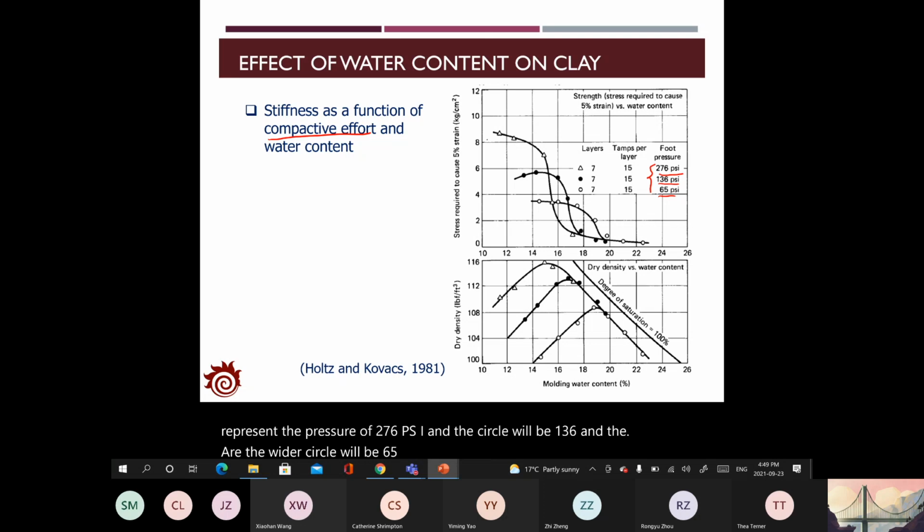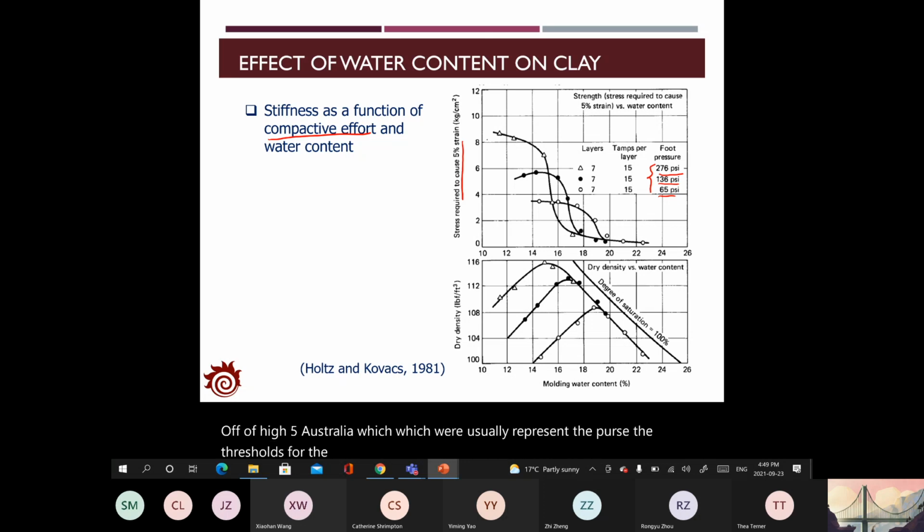You can clearly see the stress, well, this would be the stress at 5% strain, which will usually represent the threshold for failure.